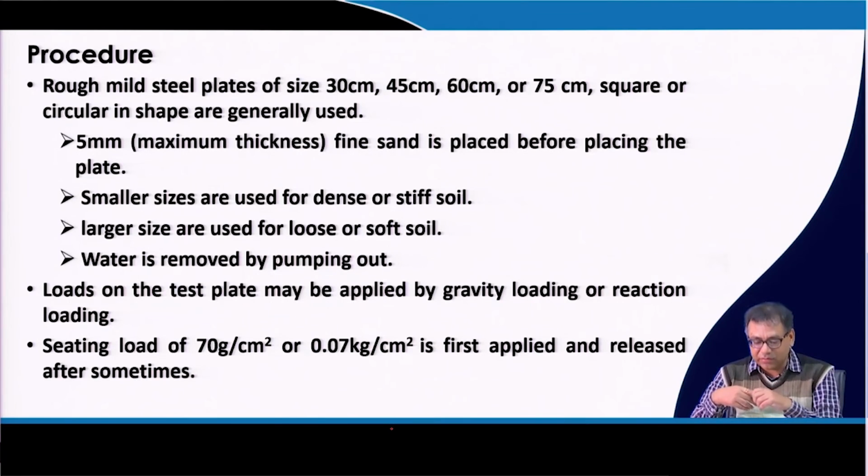So do not use any plate less than 30 centimeters. And after 75 centimeters the effect of plate size is not significant, it is negligible. So that is why you use 30 to 75 centimeter plates, because after 75 no such size effect is there.